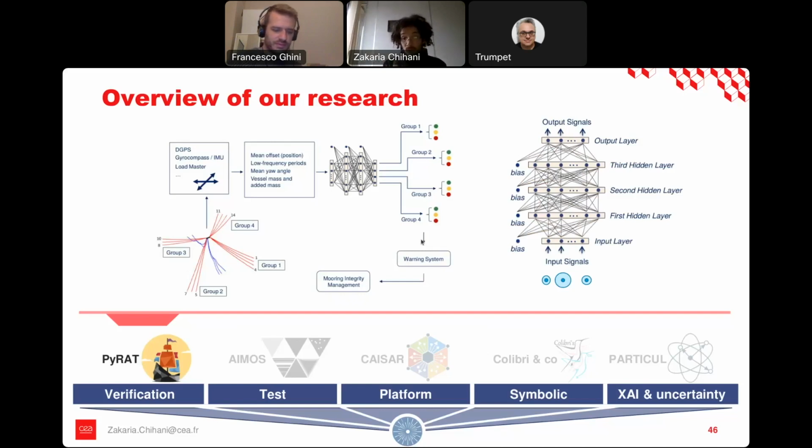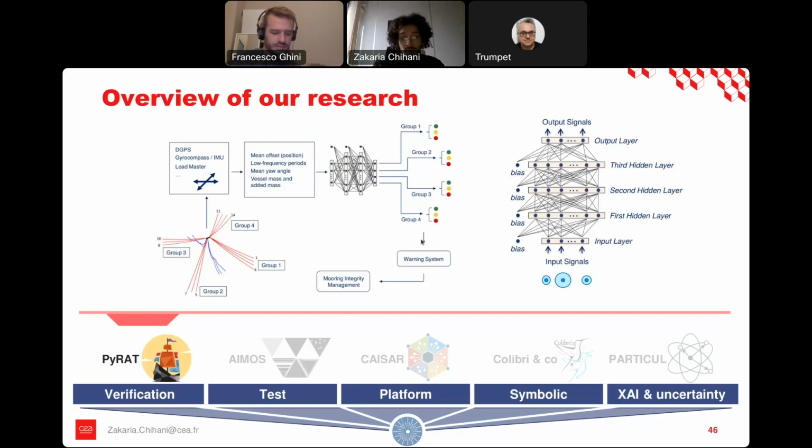So we took this precision gap into account, encoded it into PIRAT, and verified the neural network on this imprecision. Basically, we characterized that the model was solid and stable in that range of imprecision of the sensors. So this is one example of the usages of formal verification.